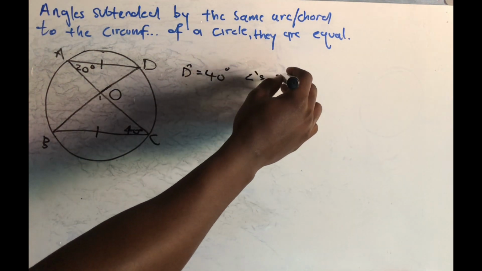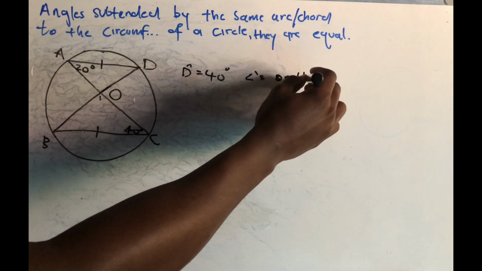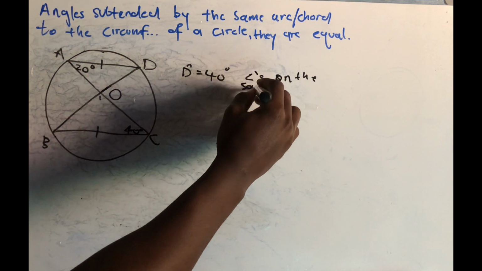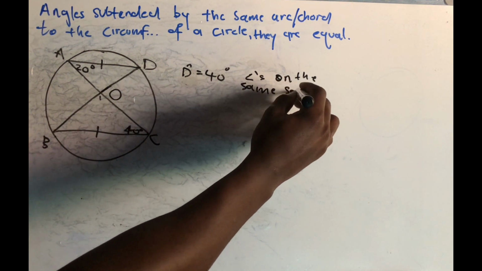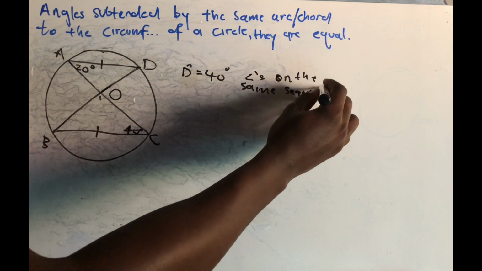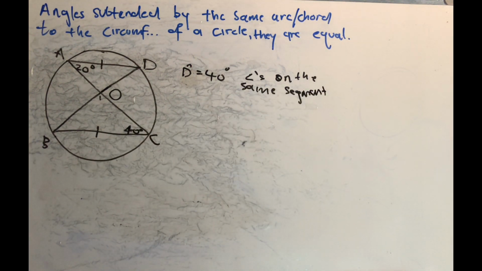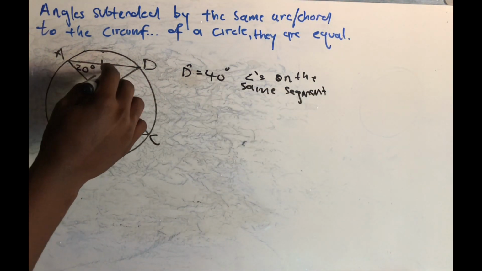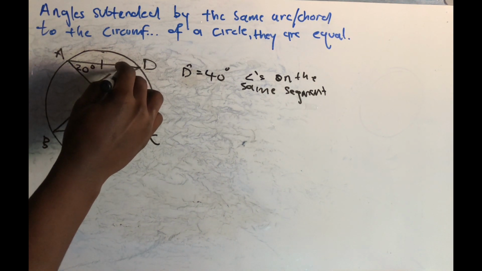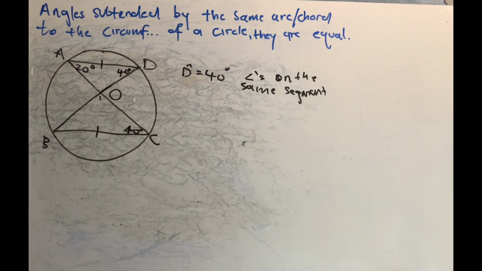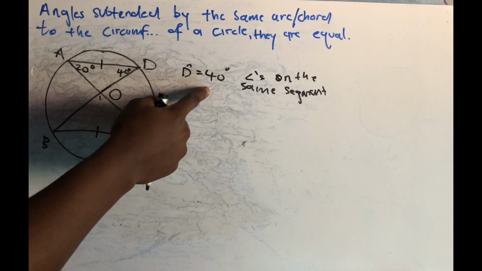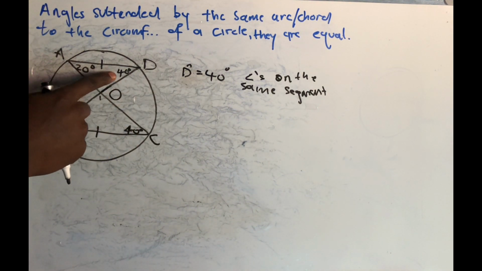Reason: angles on the same segment. And then now we have 40 degrees here. So always, even if you are given a question paper, once you get your value, update your sketch and write down the value that you've got. Let's say you got 40, you update it, now it's 40 degrees here.